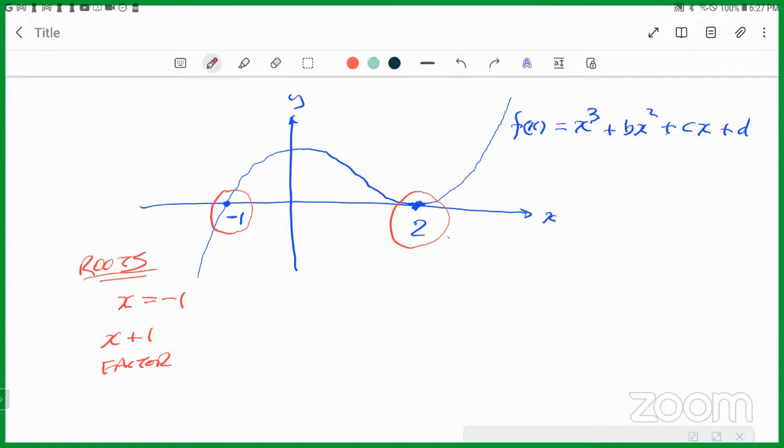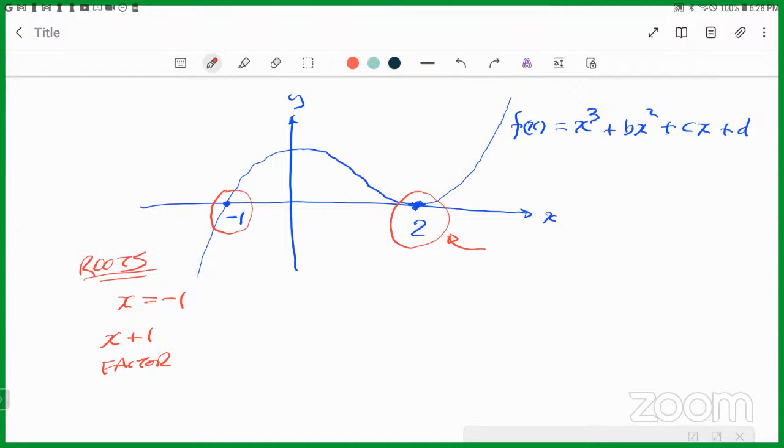Now, the interesting thing about this point is that there are actually two roots there, just that they are equal. When there's a turning point on the x-axis, there are two equal roots.